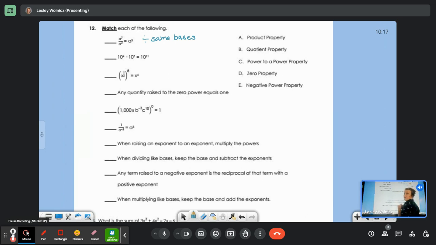Is it like 7 divided by 2 or what? It's not. I'll give you a hint. How can I use a 7 and a 2 and get 5? Yeah. So when I'm dividing same bases, I'm going to subtract my exponents. Okay, which rule is that?